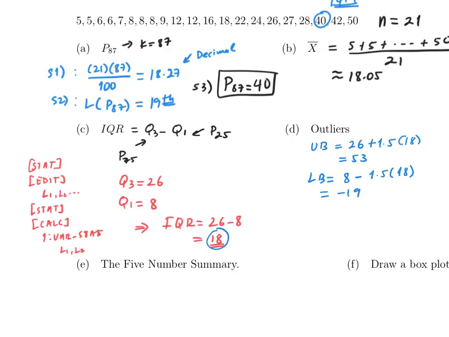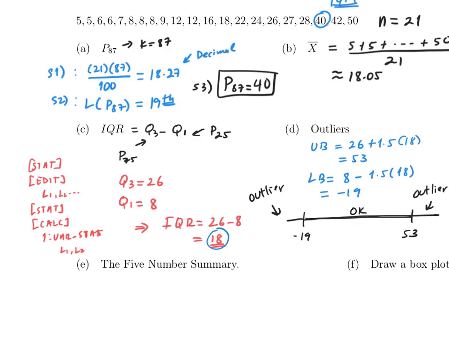And this happens to be negative 19. If we draw a graph between the lower and upper bound, this is the lowest you can go, this is the highest you can go. Anything between here and here is okay, and anything here will be an outlier, or anything in here is also an outlier.